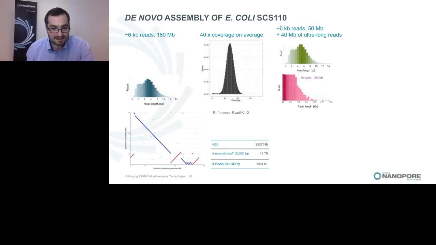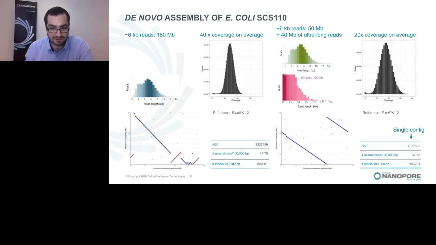When we repeated the assembly with a mixture of 6 kb fragments and some ultra long reads, so this time instead of using 40x coverage, we took 10x of 6 kb and 10x of longer fragments, and did the same thing, put it through PBCR and the Celera assembler, in this case we got it to assemble into one contig, which is not all that surprising, but it is nice to see. So the bottom line is that long reads make de novo assembly easy.